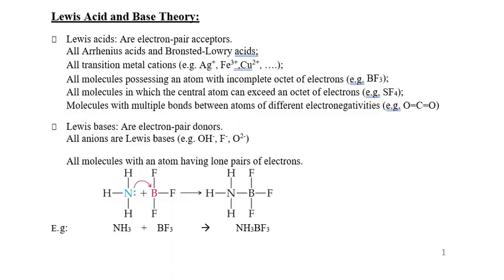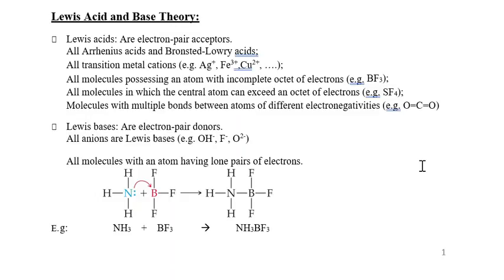Things like transition metal cations also fall into that. You can see they're positively charged, so they would be delighted to hang out and form a bond with a negatively charged species, and so those are acids as well. All molecules possessing an atom with an incomplete octet of electrons would be too.